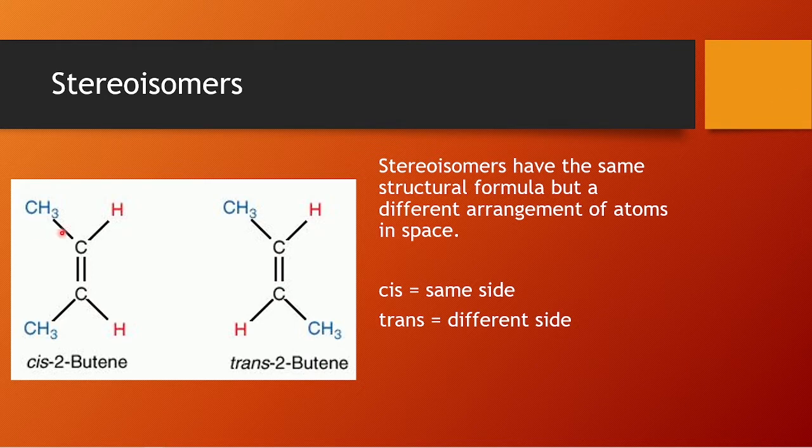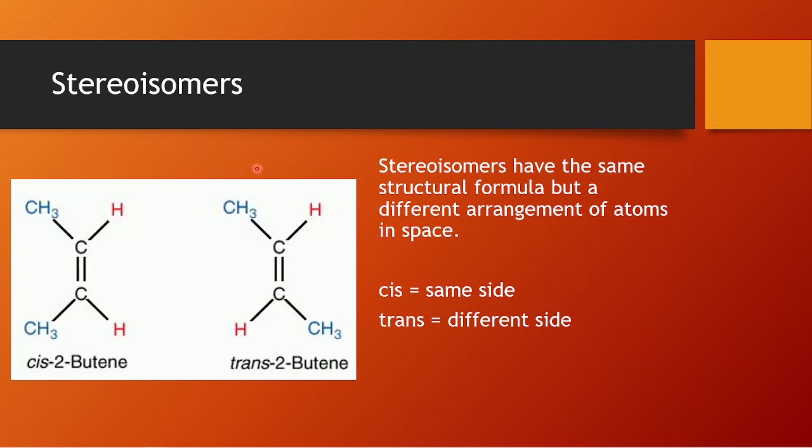So in a cis molecule, the main chain continues on the same side as the main chain started. So it was on the left at the start, and it's on the left at the end. The hydrogens are also on the same side, so they start on the right and they end on the right. So this is a cis. The main chain starts on the same side and ends on the same side.